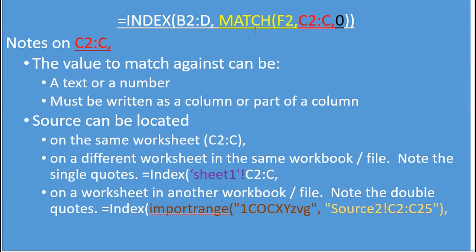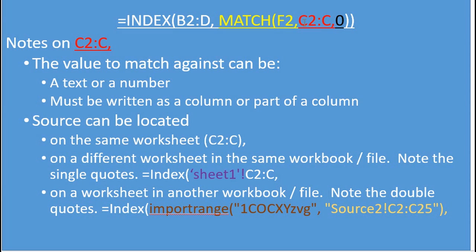If we now go to the next element of the match function, the third element must be written as a column, and this is the value against which you want to match. In other words, find in this column if F2 has a certain value, course name number, find it in this column, and this column must be written as a column or as part of a column.